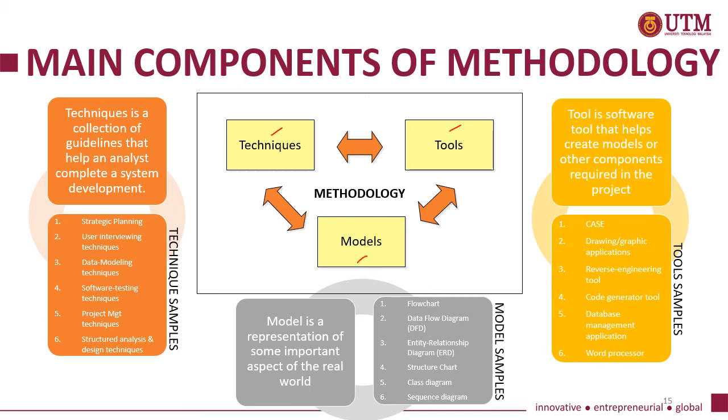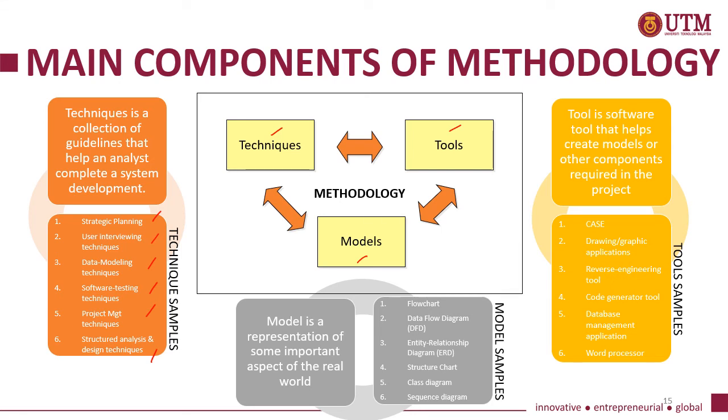What are techniques? Techniques are a collection of guidelines that help an analyst complete a system development. It consists of 6 main examples: strategic planning, user interviewing techniques, data modeling techniques, software testing, project management, and structured analysis and design.